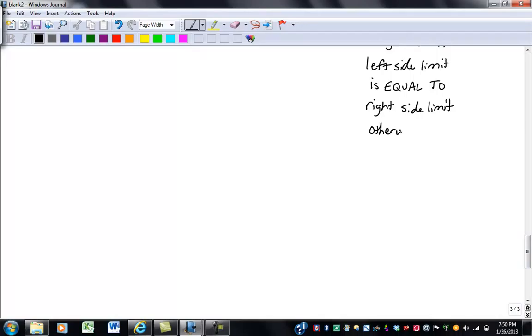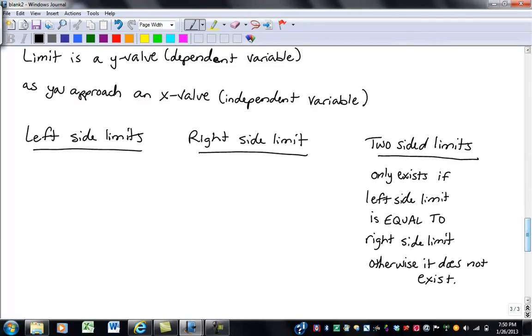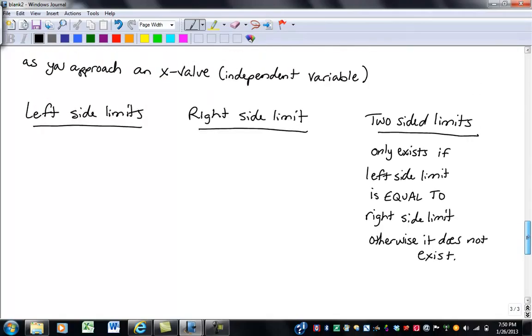Otherwise, it does not exist. So that's a good way to think about it. We look at the two one-sided limits, left and right, and if they're equal, the two-sided limit is that. If they're not equal, they don't.